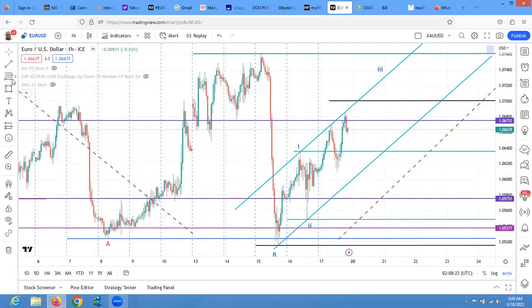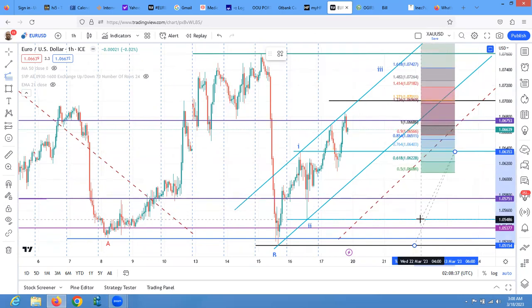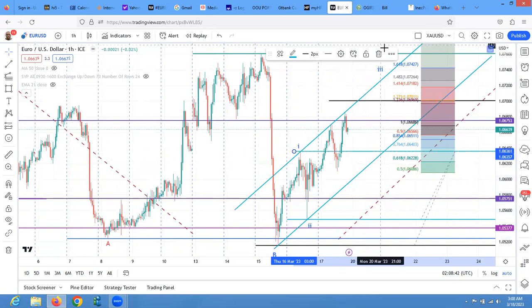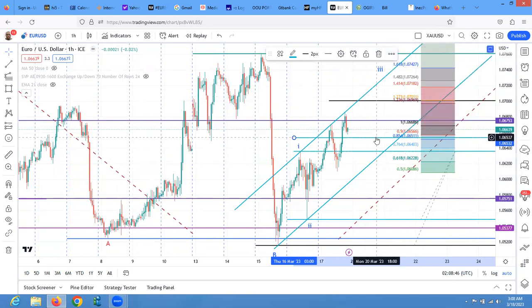So where do I at least expect 3 before I say, oh, I've done 3? I should expect an extension from this black to the height of 1 to the low of 2. I'm expecting at least 3 to get to this level before a possible correction of wave 4.